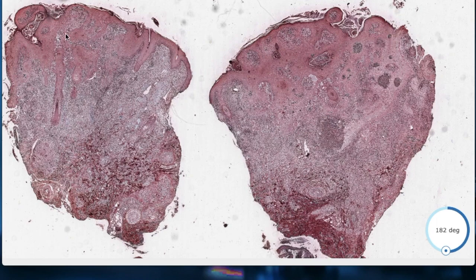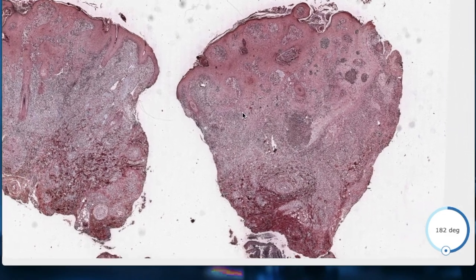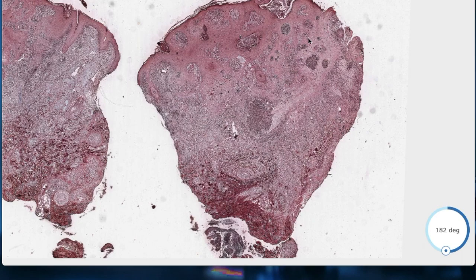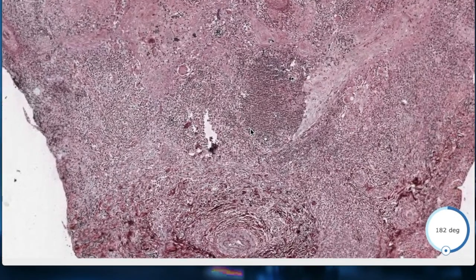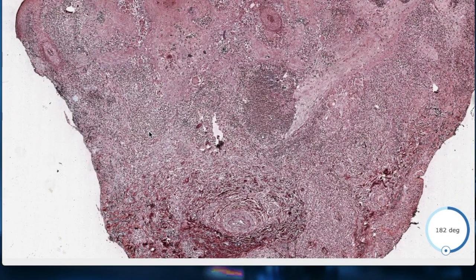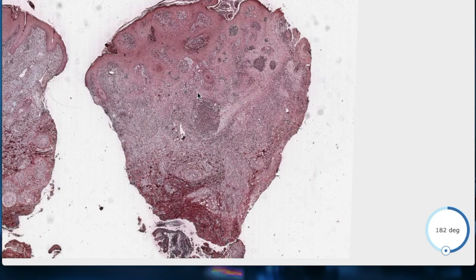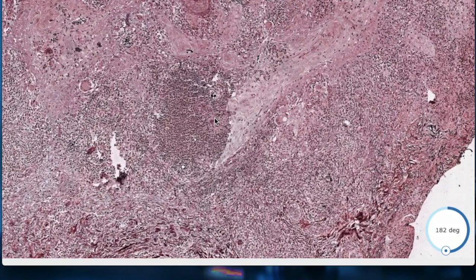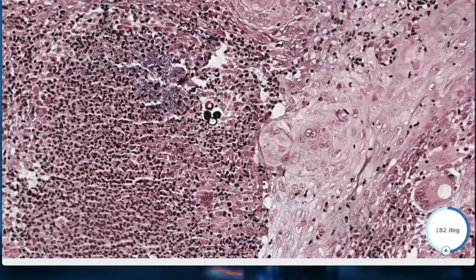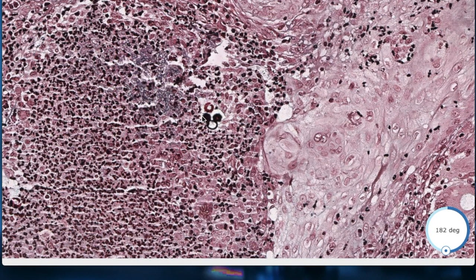So if you look into the dermis, it looks infiltrated or invaded by lots of inflammatory cells. If we go on high power, trying to identify the pattern, we can say that there is granuloma formation, especially in this area, and here there are some granulomas. However, they are not well-defined granulomas. But if we go on high power, we see organisms inside the macrophages.